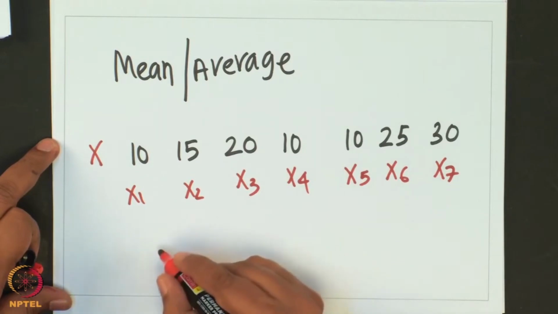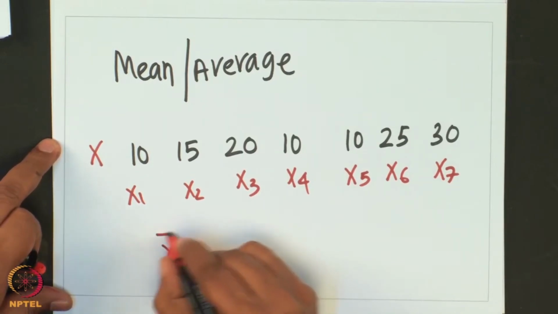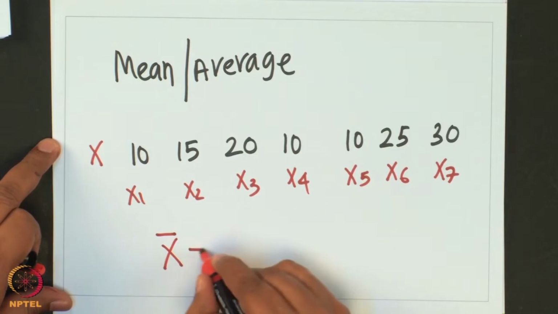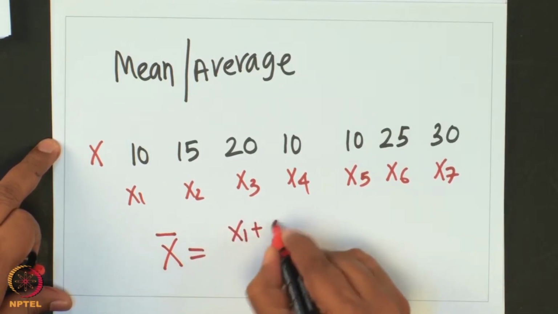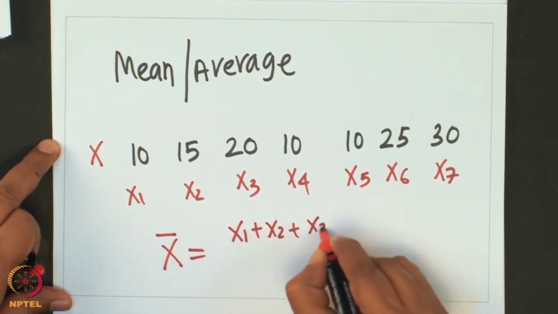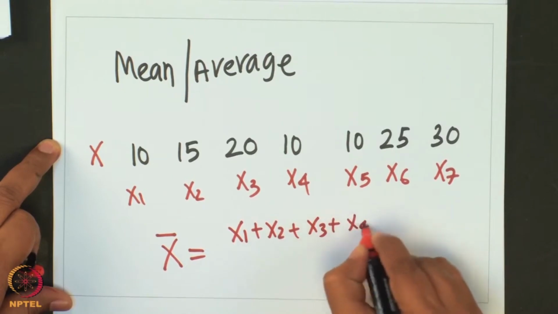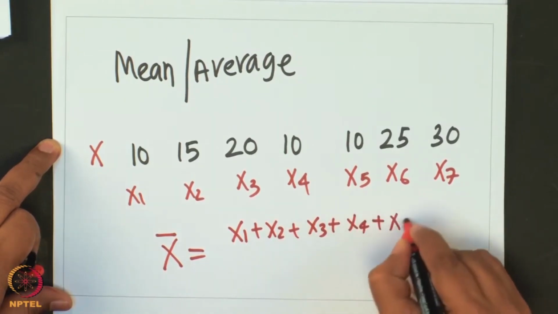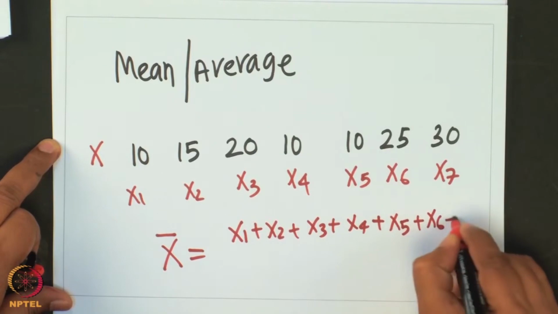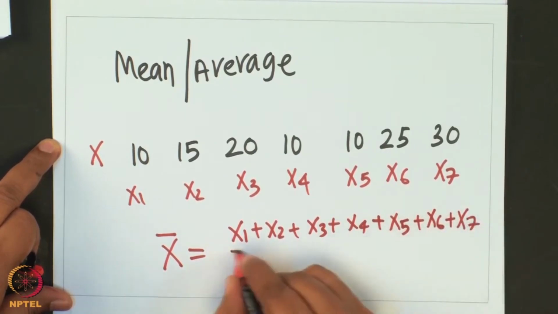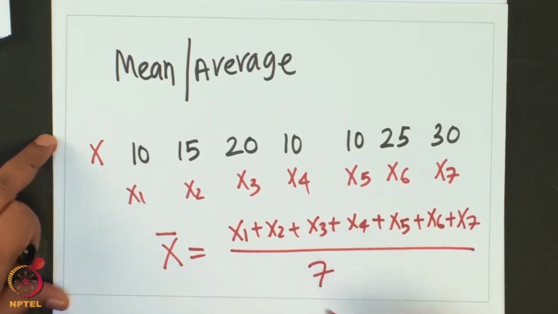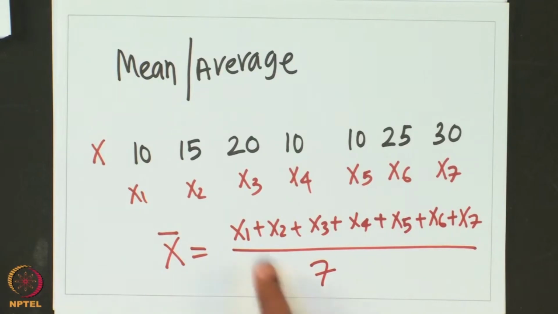We would calculate this quantity called x bar, which is nothing but x1 plus x2 plus x3 plus x4 plus x5 plus x6 plus x7 divided by 7. This is called the mean or average. So we would calculate the average of these numbers.